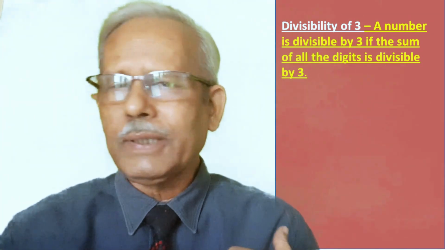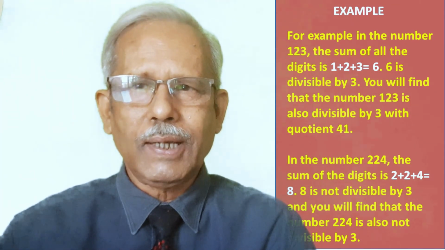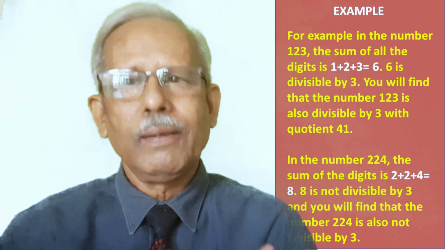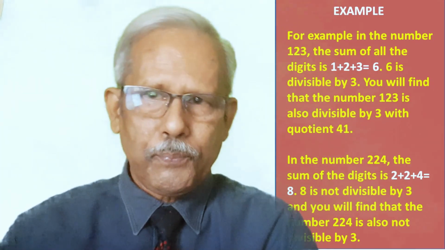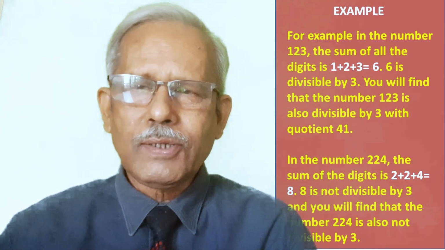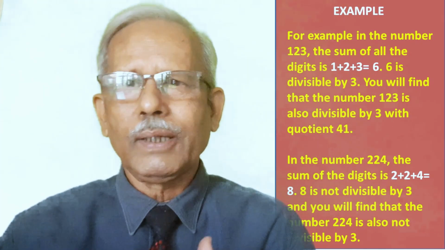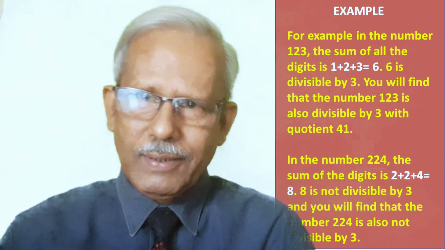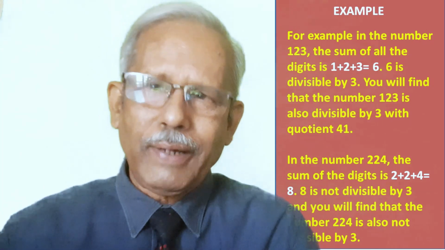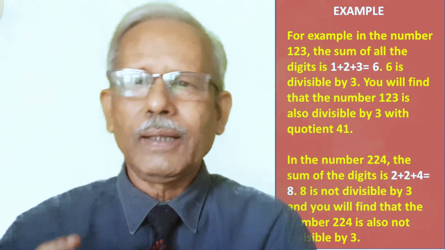For example, take the number 123. The sum of the digits is 1 plus 2 plus 3, which is 6, and 6 is divisible by 3, and we will find that 123 is also divisible by 3, where the quotient is 41. Let's take another example. In the number 224, if you add the digits, 2 plus 2 plus 4 is 8, which is not divisible by 3. Therefore the number is not divisible by 3, and you can see that 224 is not divisible by 3. So to find out the divisibility by 3, we add the digits, and if the sum is divisible by 3, the number is also divisible.